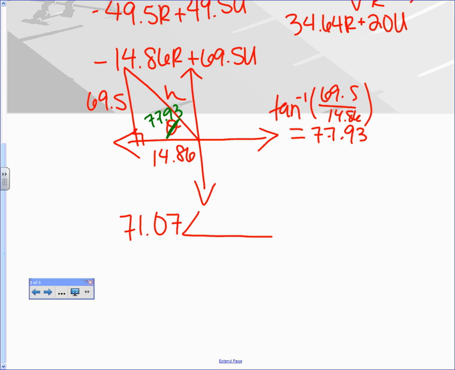All right, so how far am I going to go to get here? I'm going to do what? From 180, because if I went all the way here, that'd be 180 degrees. Does that make sense?